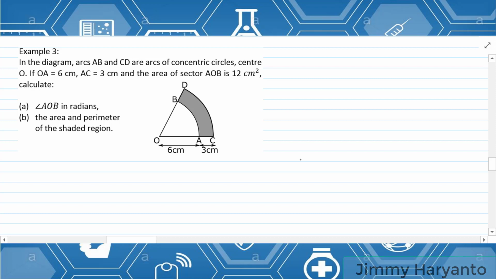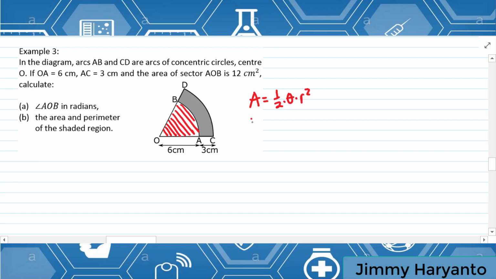Next is example 3. It's getting harder. In the diagram, OA is 6, AC is 3, and the area of sector AOB is 12. Calculate the angle AOB in radians. Take a look at the sector first. Sector AOB is this one. We don't know the angle yet, but we can find it with the area. Area equals half theta r square.